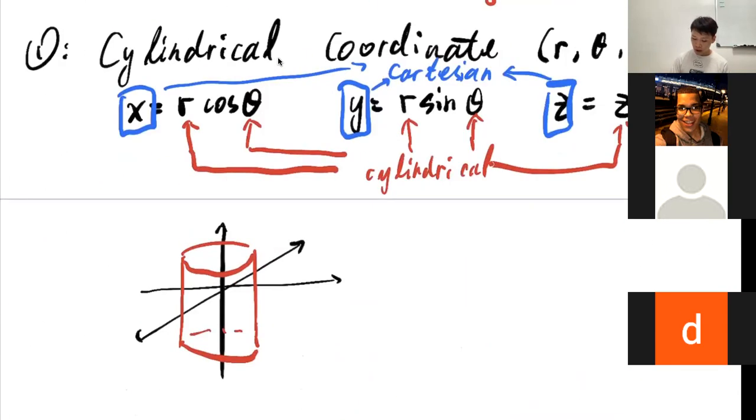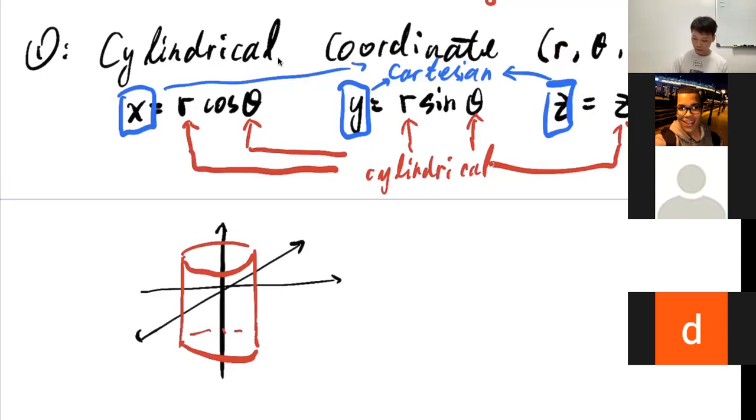But for cylindrical coordinates, you don't have that problem, because for a fixed z coordinate, the points form a circle, which is easier to represent in polar coordinate form. You fix r, and then you just vary theta from 0 to 2 pi.